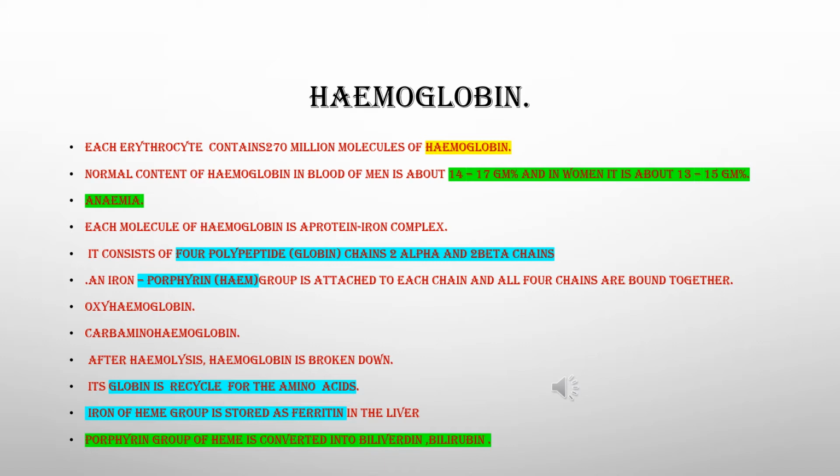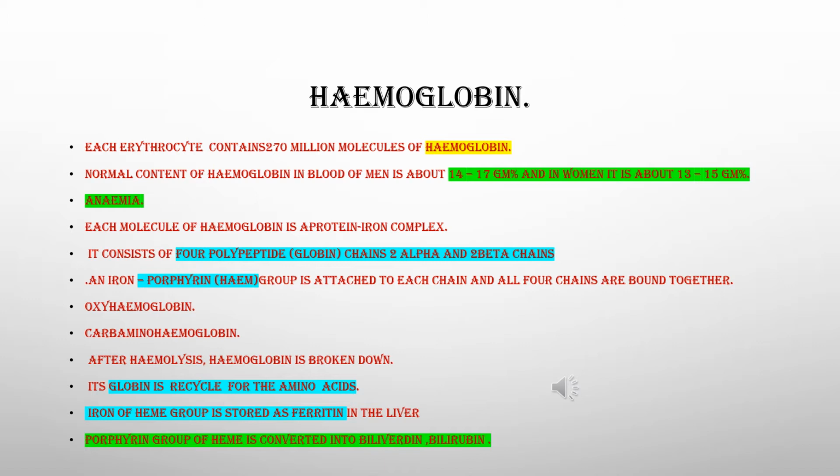If a person has a deficiency or a low count of RBC or a low content of hemoglobin, then that person will suffer from a disease called anemia, and in that condition there is a need to supply blood to that patient, or he can take some medicine to increase the hemoglobin count.